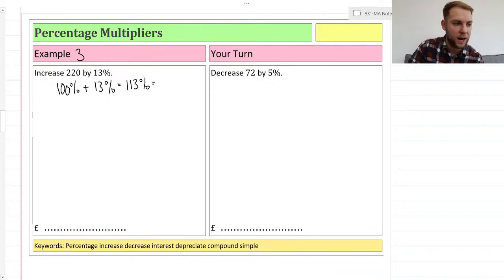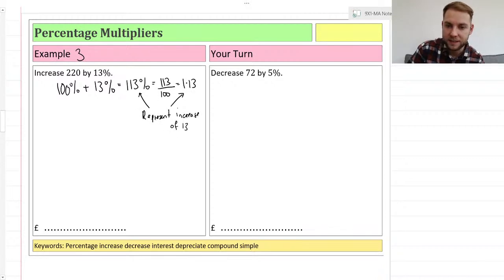So if I wanted to write that as a multiplier, it's going to be 113 divided by 100, which is equal to 1.13. So both of these represent an increase of 13%. So that's our first part. We already know how to do that.